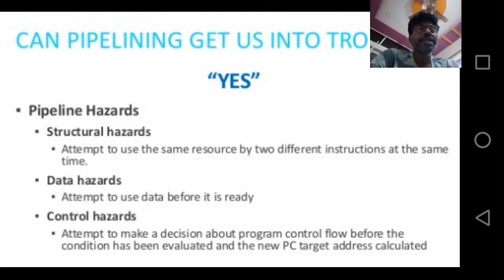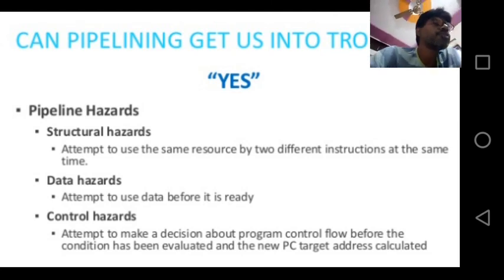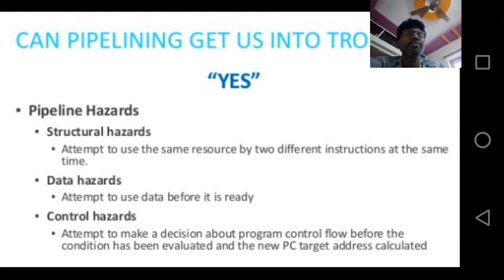Can pipelining get us into trouble? The point here is, are there any disadvantages? So far we have discussed the advantages of pipelining, but are there any disadvantages? Definitely there is a downfall. We know that pipeline cannot be implemented for every process.